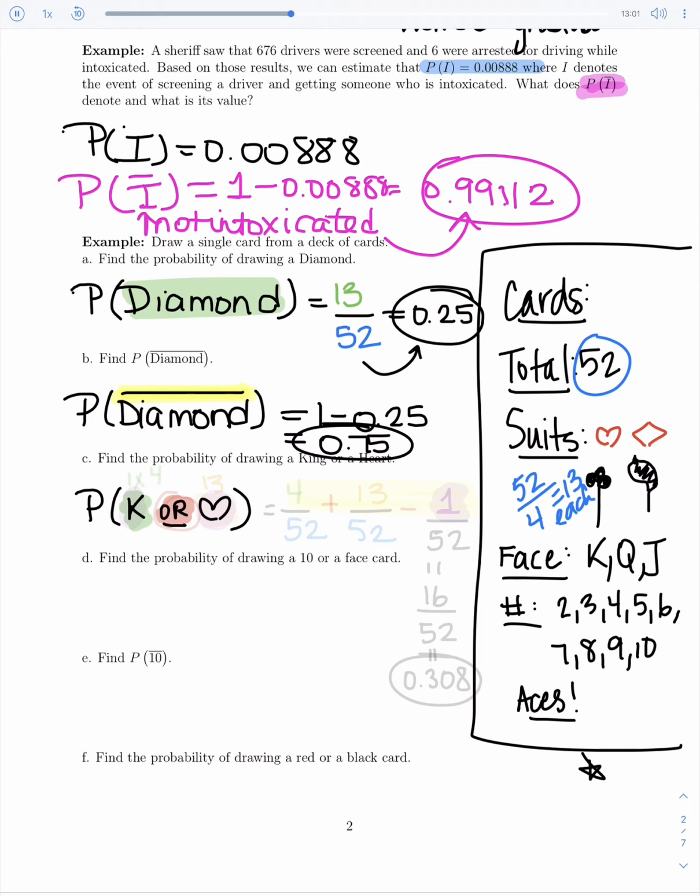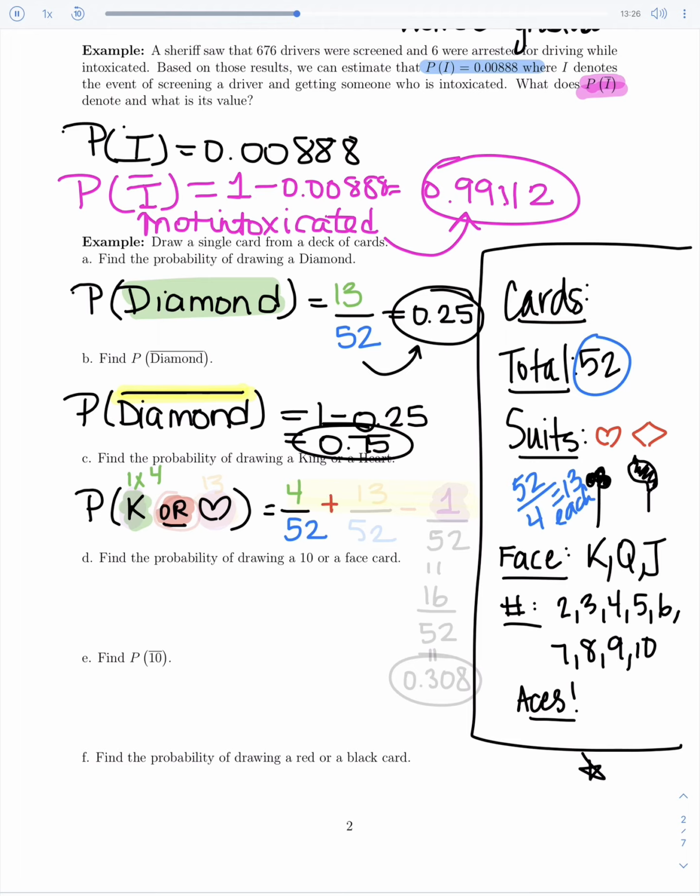There's 1 king in each suit, times 4 suits, so there are 4 kings total in an entire deck out of a total of 52 cards. So that's how we start, by finding the probability for just the kings.